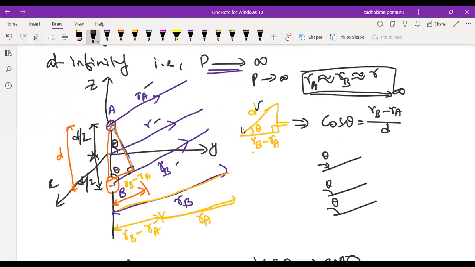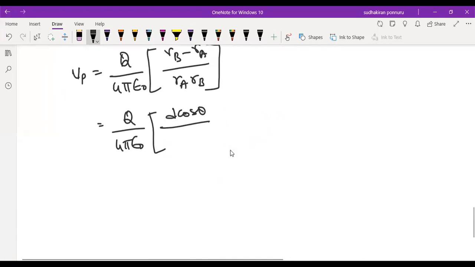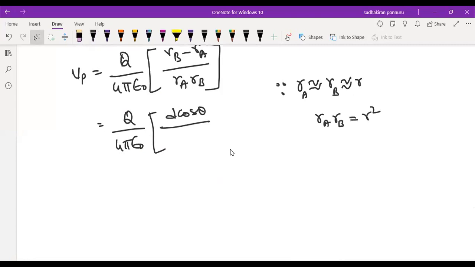Since the point P is at infinity, we are approximating RA and RB to R. Since RA is approximately equal to RB is approximately equal to R, RA into RB is equal to R square.